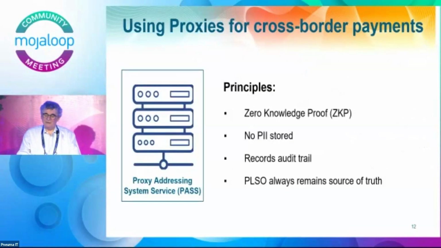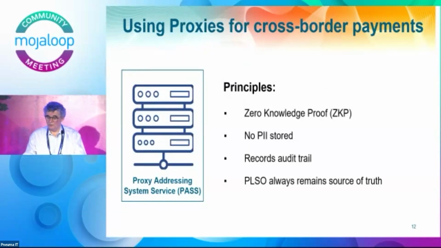Okay, so the principles of using a proxy for cross-border payments are: we use zero-knowledge proof, so people tell us what they know, and we tell them whether that relates to a person who is legal or discoverable or not. No personal identifying information is stored anywhere in the system.